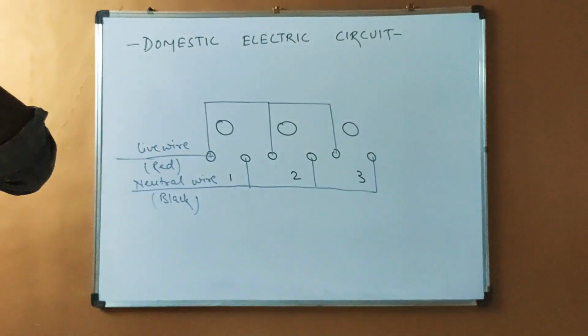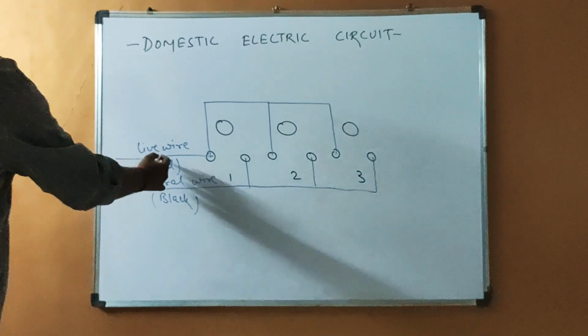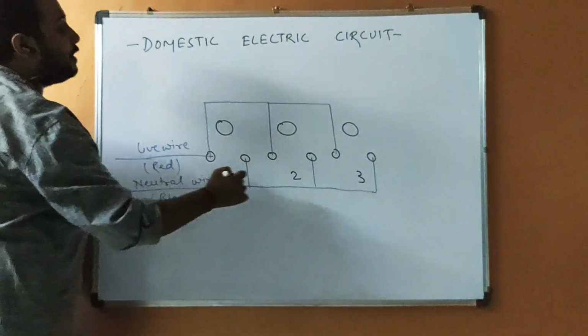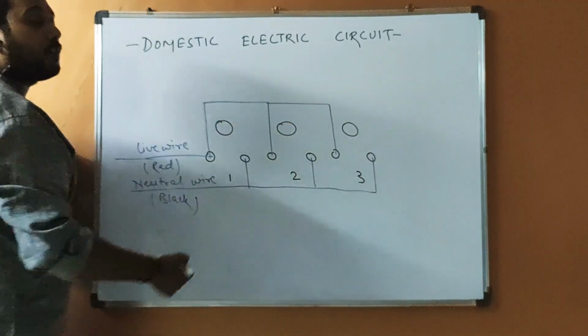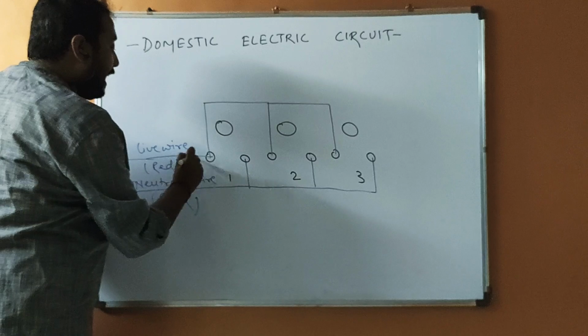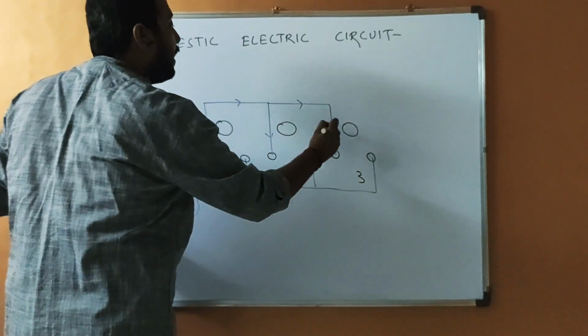This is how the circuits are connected in homes. One hole is connected to the live wire, another to the neutral wire. Live wire is of red color, neutral wire is of black color. The main function of these two wires is to complete the circuit. Just have a look, I am drawing the direction of current.